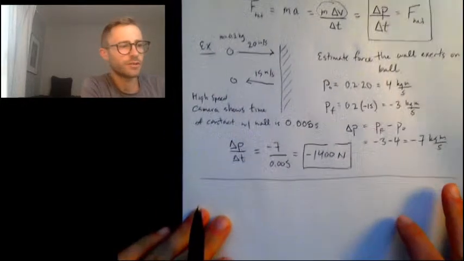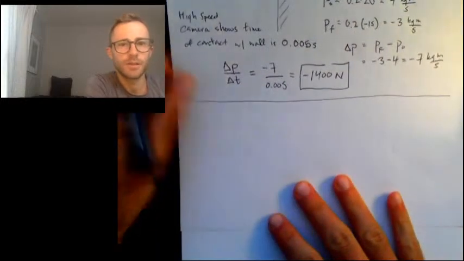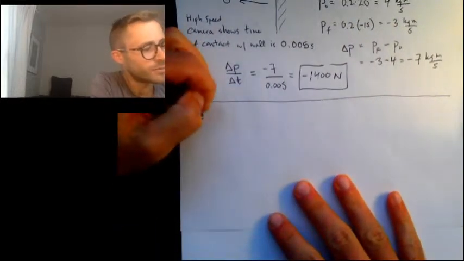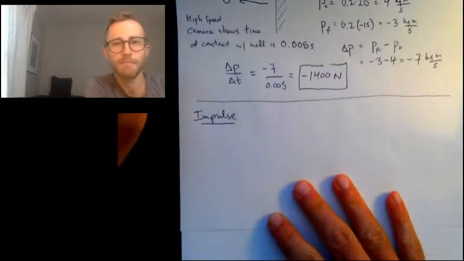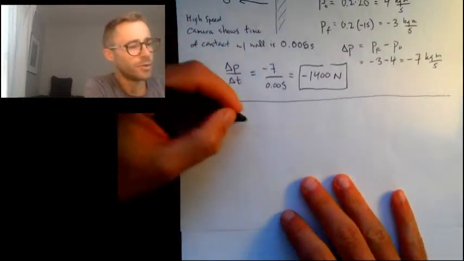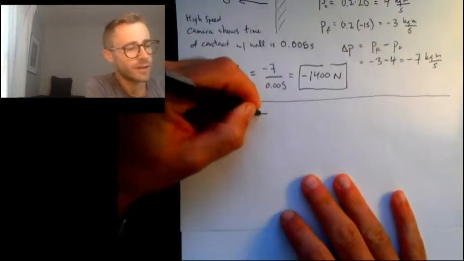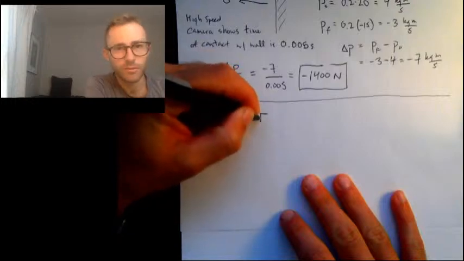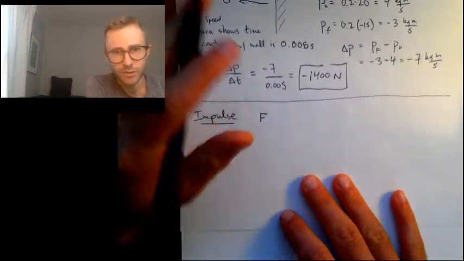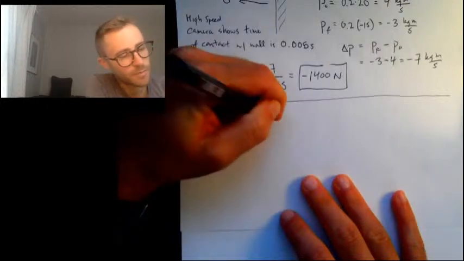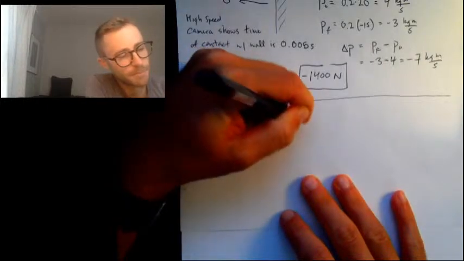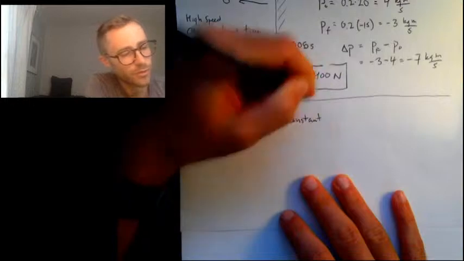Second part of today's lesson, we're going to define something called impulse. Okay, and impulse is defined, so we're going to learn 2 definitions of impulse. So the first definition is for a constant force.